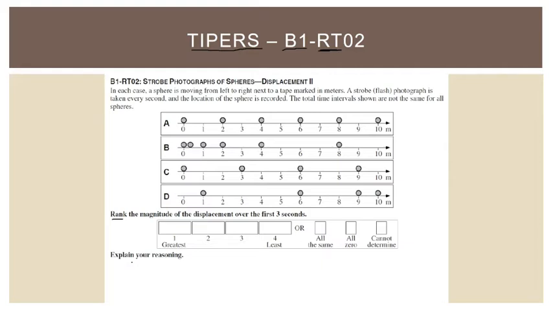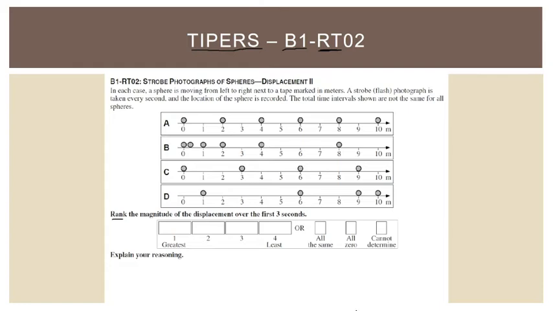As we said, the first dot shows t equals 0. The second dot shows t equals 1, and so on. So if you count up the number of dots, if you subtract 1, that's the number of seconds. And the basic idea here is because the number of dots are different, then the time is different.